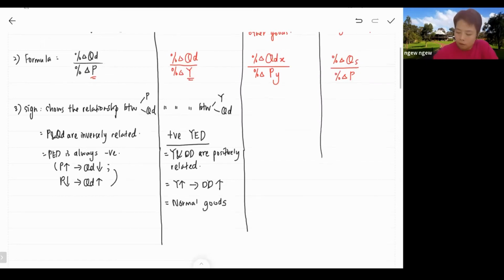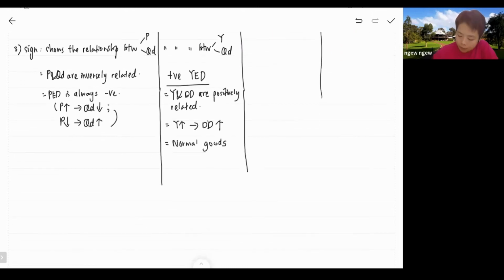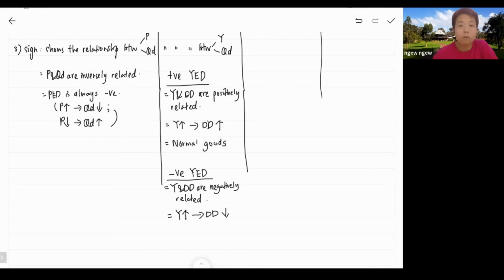Okay, continue. And we have negative YED, which means income and demand are negatively related. So when your income rises, demand for this particular good will fall.